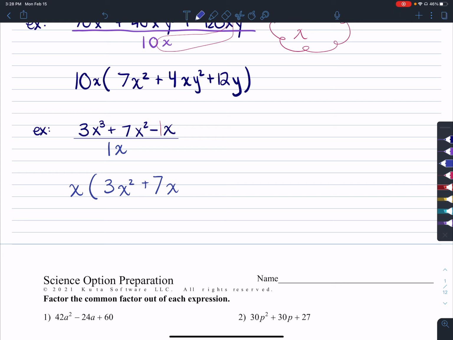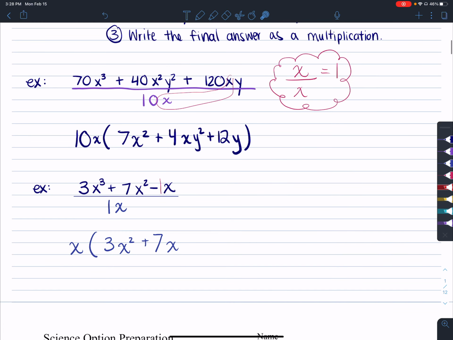And now this part. This is where some students would just write nothing. They'd put a 0 in there. That's incorrect because of this over here. X over x is 1, the same way 2 over 2 is 1, or 3 over 3 is 1.